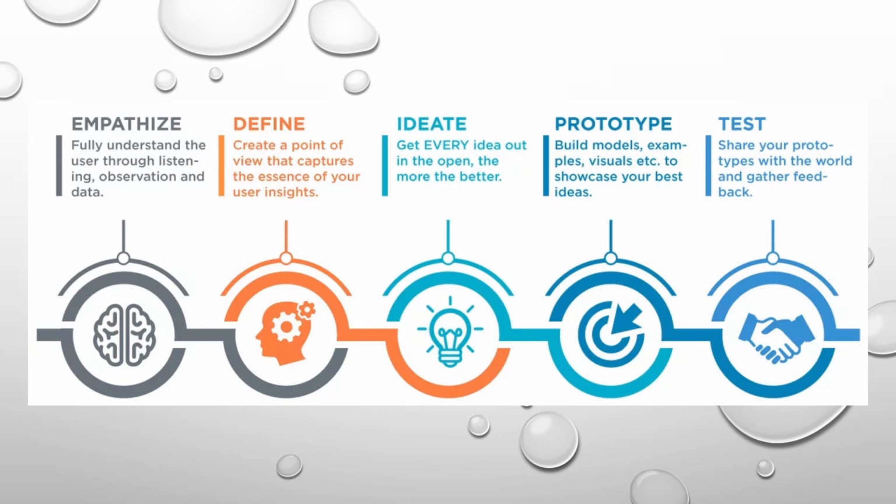Now the fifth stage is test. In other words, try your solutions out. Evaluators rigorously test the prototypes. Although this is the final phase, design thinking is iterative. Teams often use the results to redefine one or more further problems.